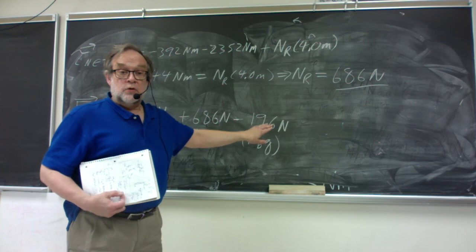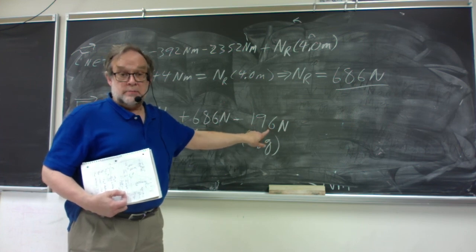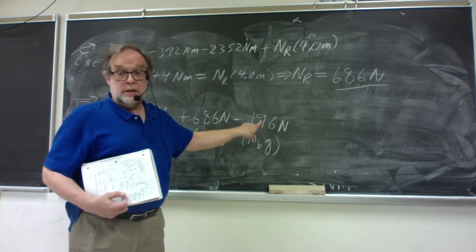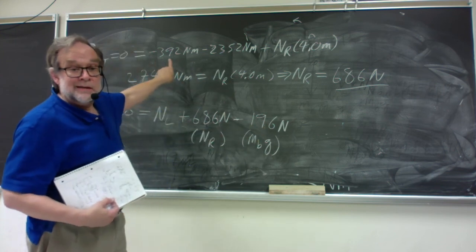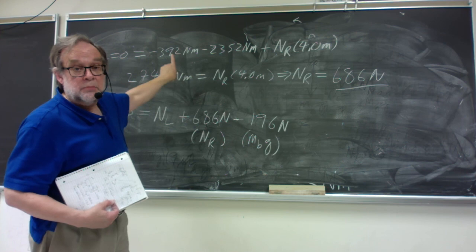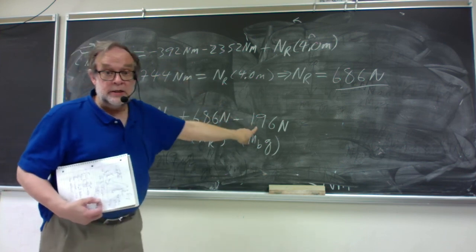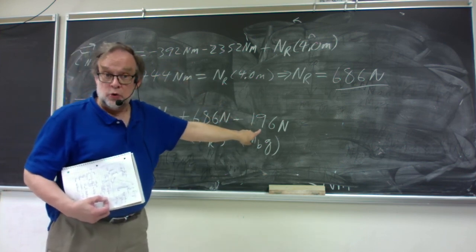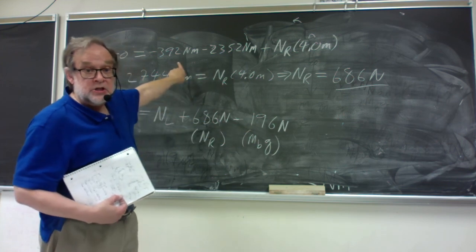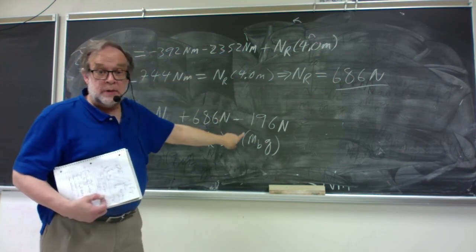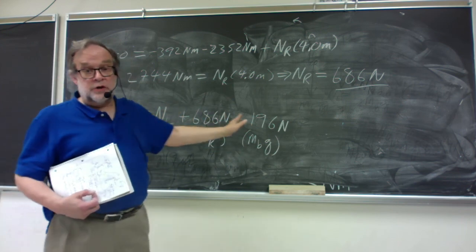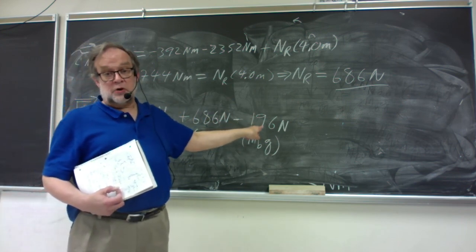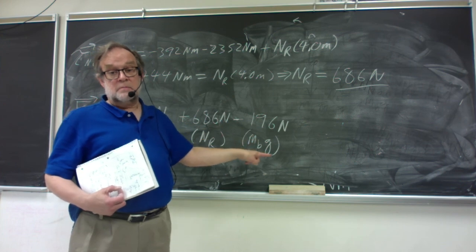It's very easy to mistakenly put this torque in this slot here where a force, not a torque, should go. This is the torque caused by this force, but this is an equation for net force, so here you want a force, not a torque. You want just the magnitude of the force, the magnitude of the weight.